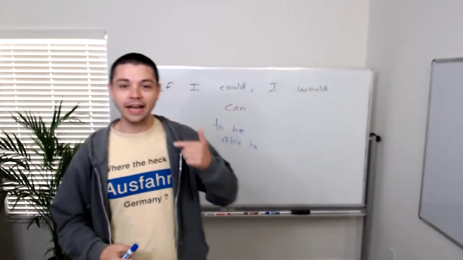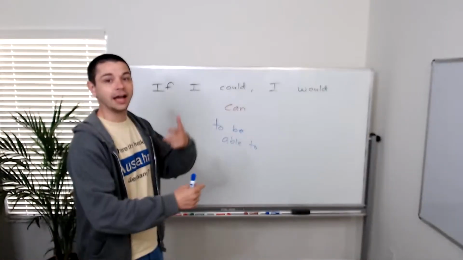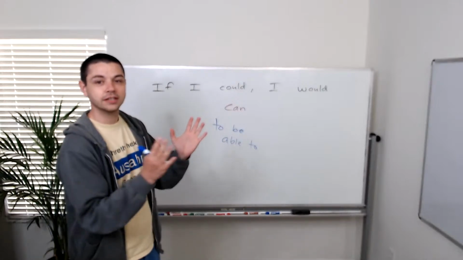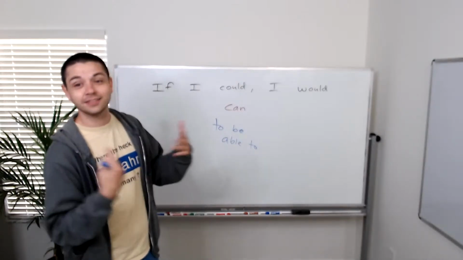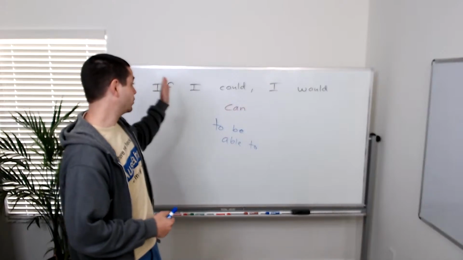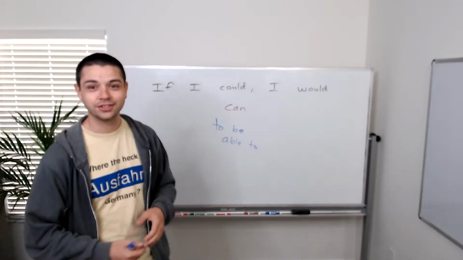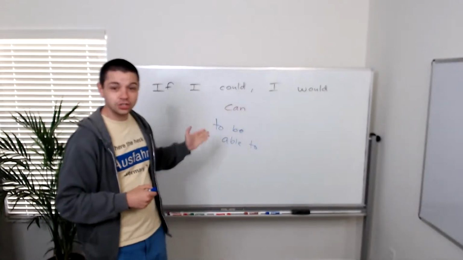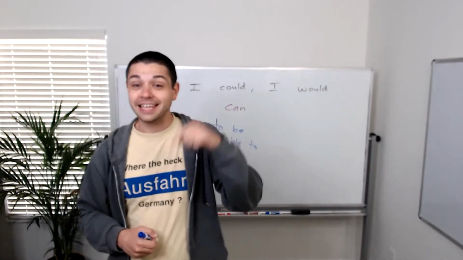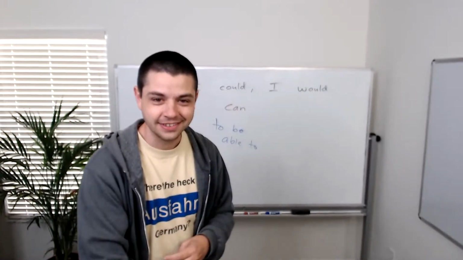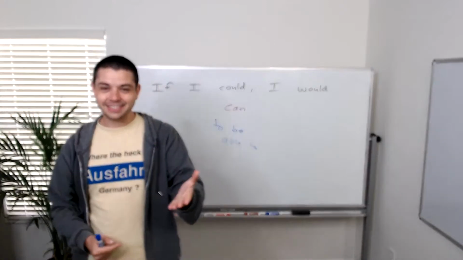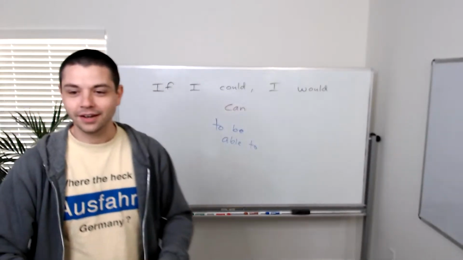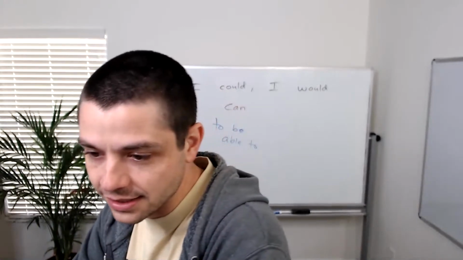This means if I could fly, I would fly. Right? And we don't have to say the word fly all the time because we can use could and would. And remember, I said, if I could, I would, and I can, so I will. I can teach you this, so I will teach you this, right? So there you go. Okay. Next.